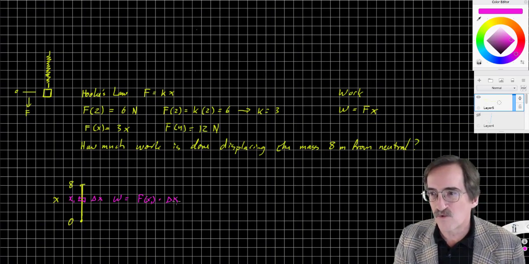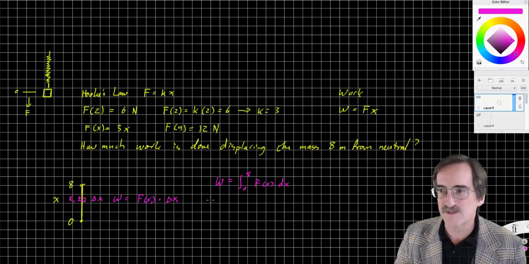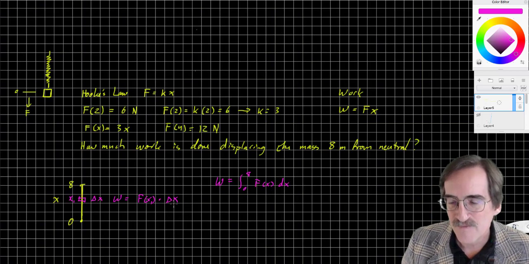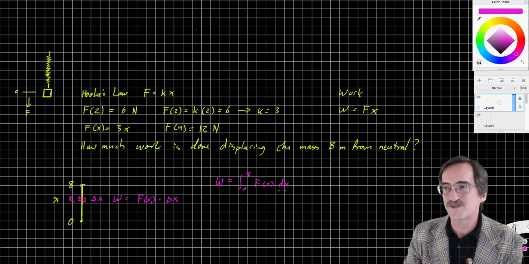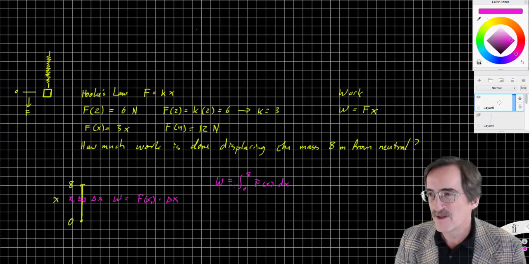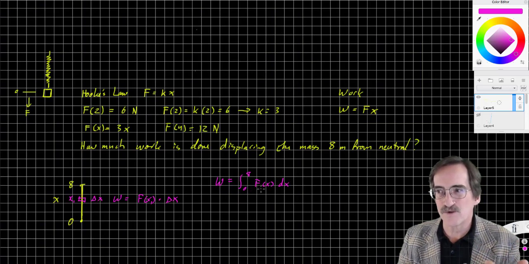So work is force times delta x, or work is, over the entire range, the integral from 0 to 8 of force of x dx. dx replacing delta x. Delta x is a small difference. dx is what we call the integral differential. Right? So hopefully that makes sense, that the work is the integral of force over distance.